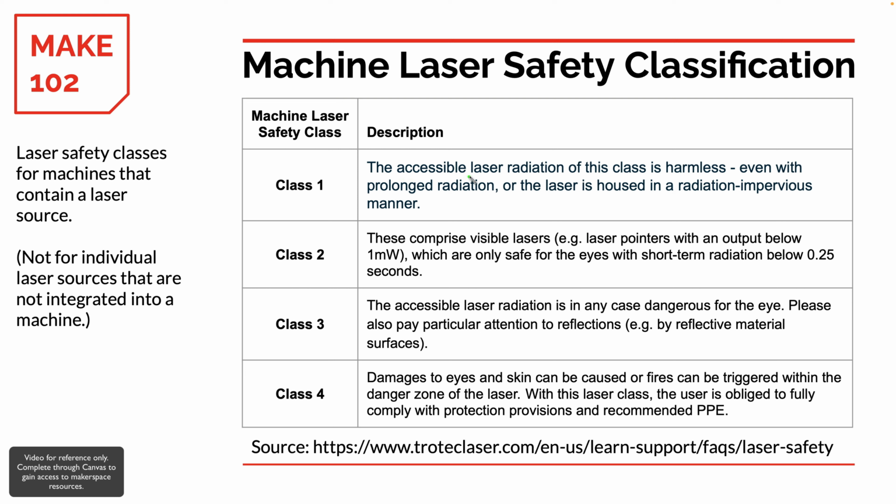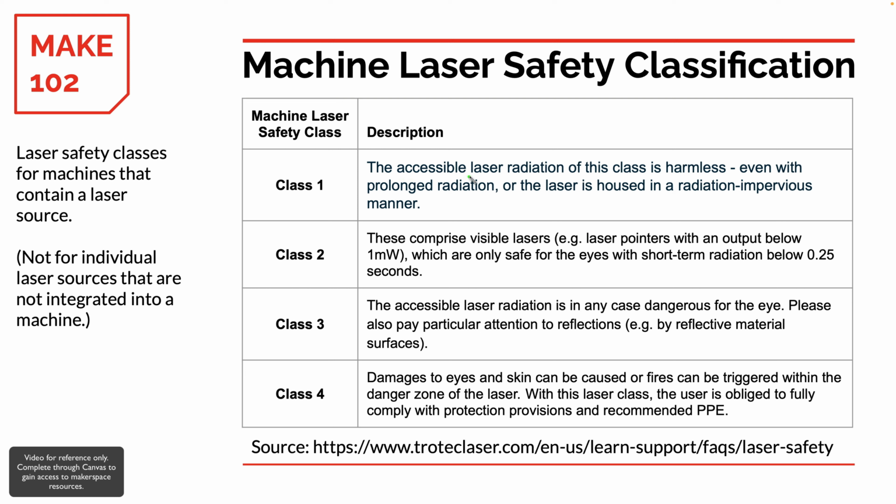Class 3 is where the accessible laser radiation can be dangerous, but our systems will shut off if you open the enclosure. So they are not class 3 lasers. Now, some of our lasers have a door that can be opened that would turn them into class 4 lasers. If this is the case, the users would need to wear additional protective equipment.